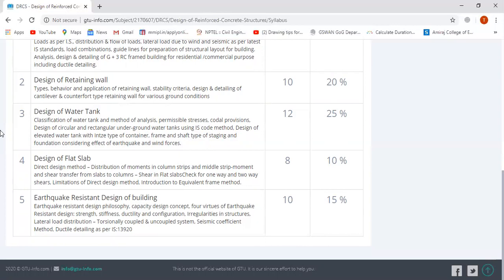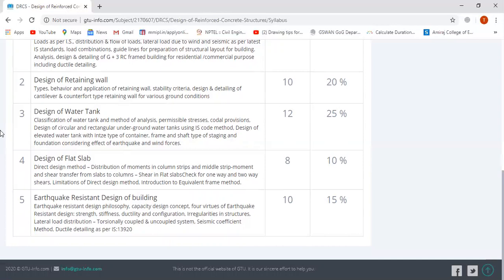There is no need for beam or any other element for load transfer mechanism. Flat slab transfers load from slab directly to column. There is no need for any beam or any other structural element.